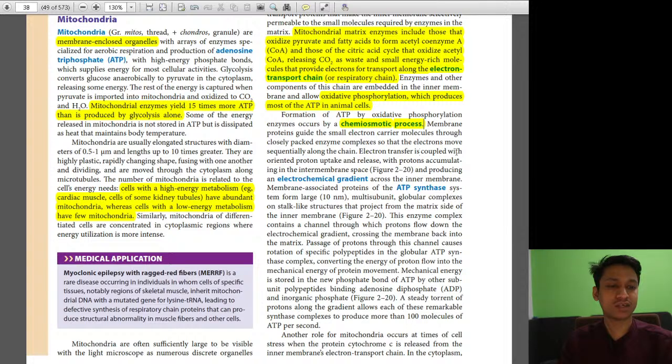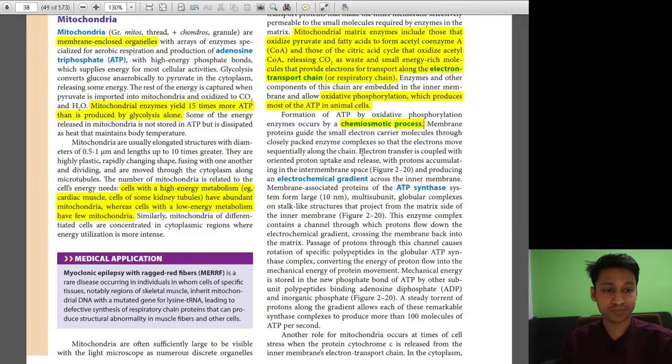Electron transfer is coupled with oriented proton uptake and release, with protons accumulating in the intermembrane space and producing an electrochemical gradient across the inner membrane. So as the electron moves, H plus is pumped into the intermembrane space. We know what the intermembrane space and the matrix are. Matrix is different, intermembrane space is different.